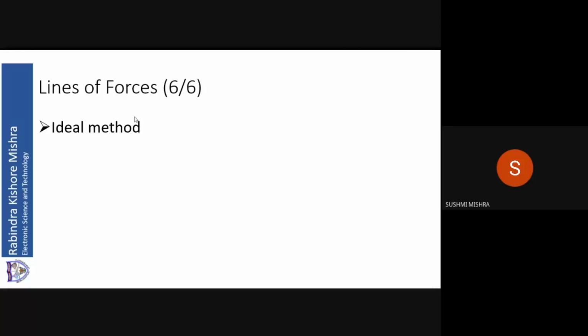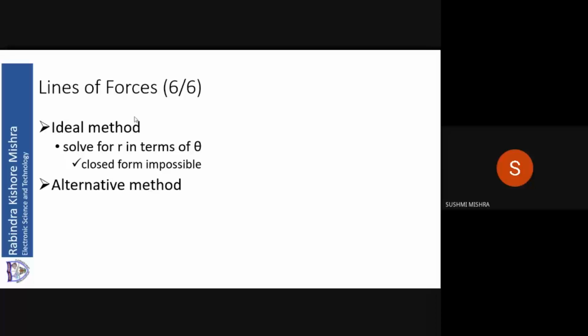So this is what I am going to do. Now the ideal method to find the lines of forces is to solve for R in terms of theta. But this will be very complicated to solve using pen and paper, even using a computer. The closed form formula for this is not available. It is not possible to find a closed form formula. So I will resort to an alternative method.